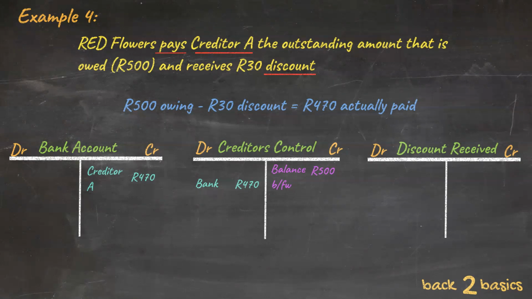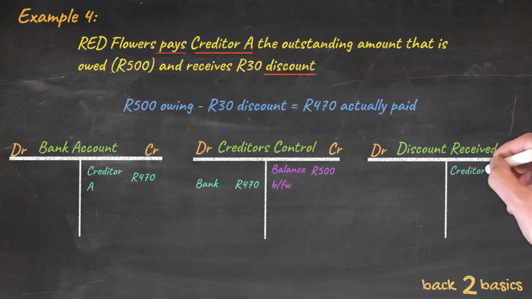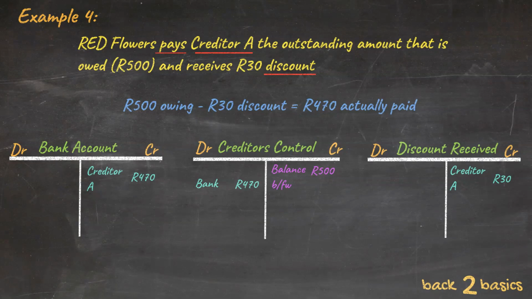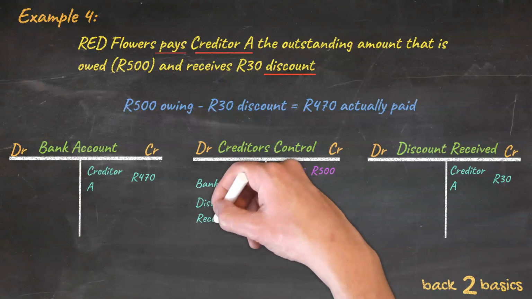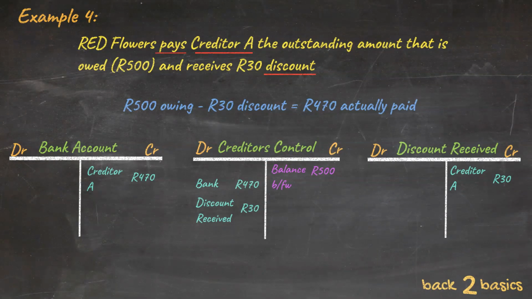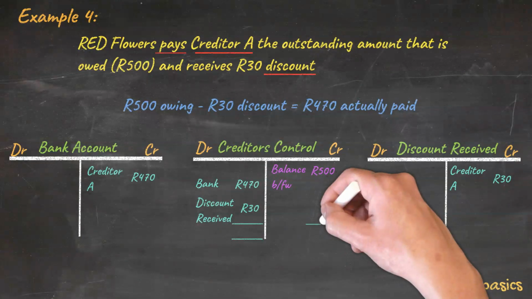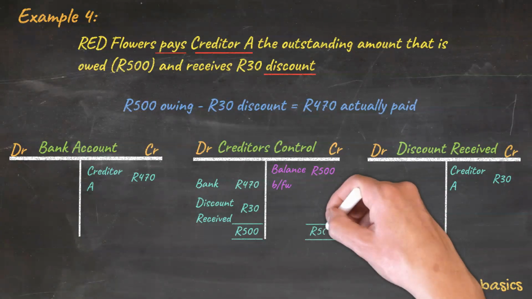We then need to credit discount received with 30 Rand because discounts received increases our income. We then debit creditors control with 30 Rand, further reducing the liability. So both the discount received amount and the payment amount are allocated against creditors control account, settling the full balance initially owed.